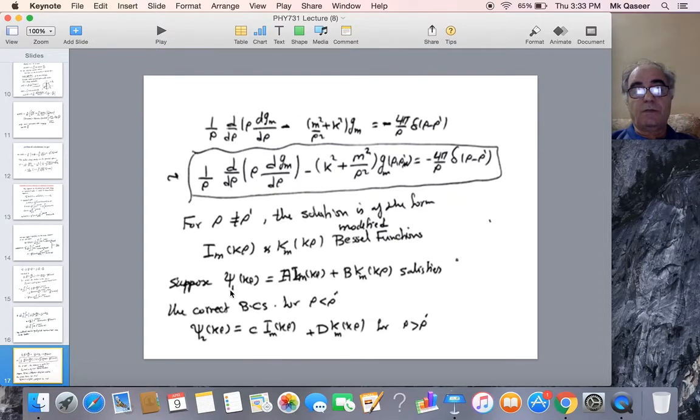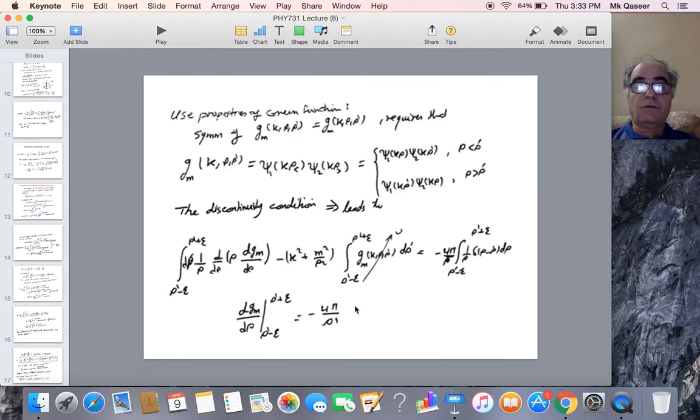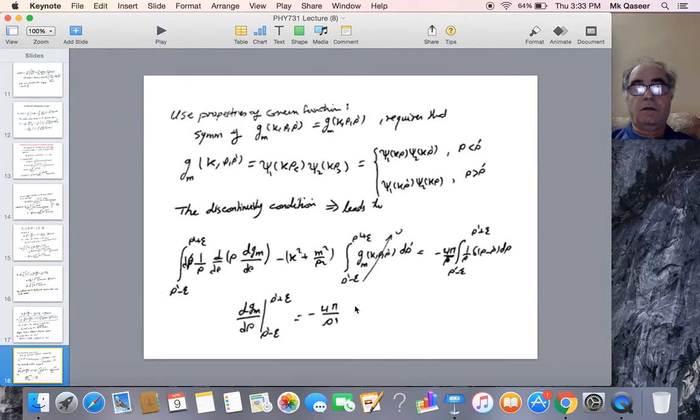Let us suppose that psi1 is a linear combination of I_m and K_m with two constants A and B for rho less than rho prime, and for rho greater than rho prime assume that psi2 is a linear combination of C I_m plus D K_m. Now to find A, B, C, D, the constants, we have to evaluate the boundary conditions and the properties of the Green's function.